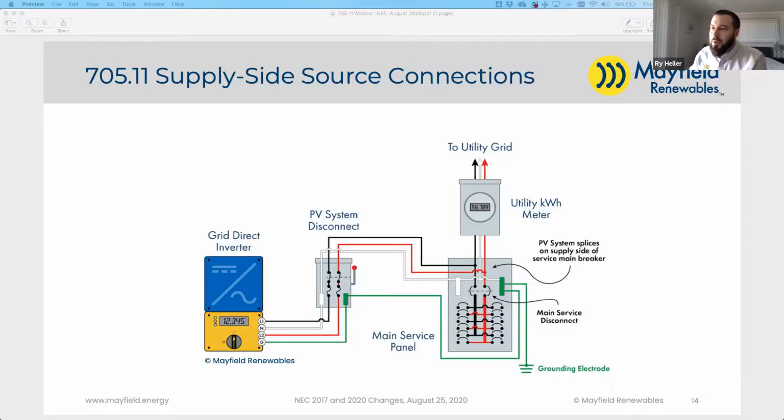Looking into it deeper, the 2017 code book basically just says that the OCPD shall be, that protection shall be at the higher current source connection. So basically at the point of connection at the inverter, but it doesn't really spell it out exactly.